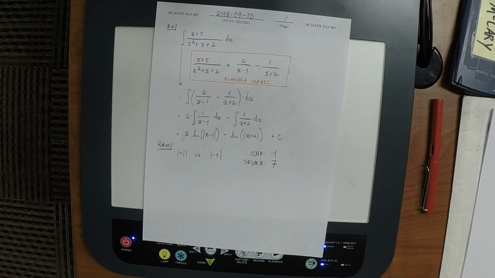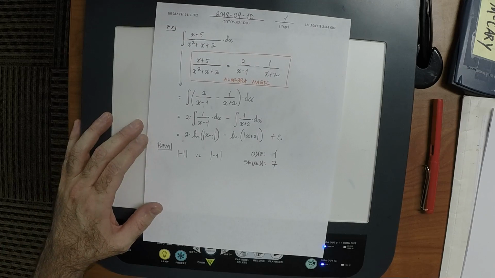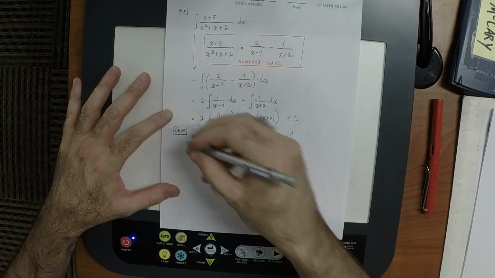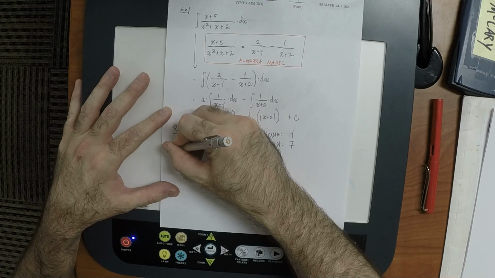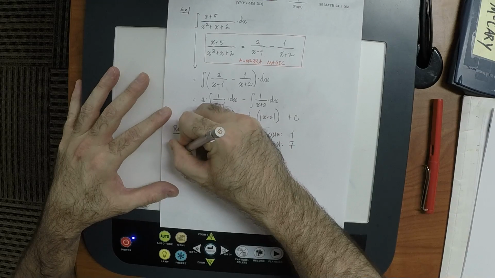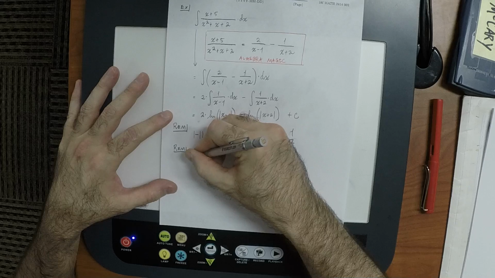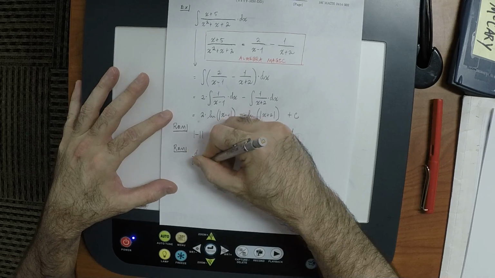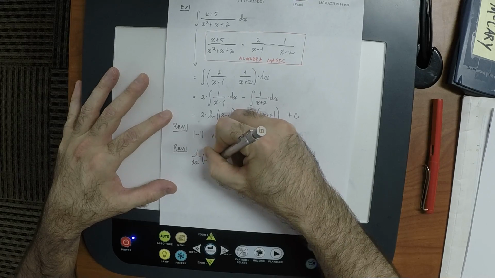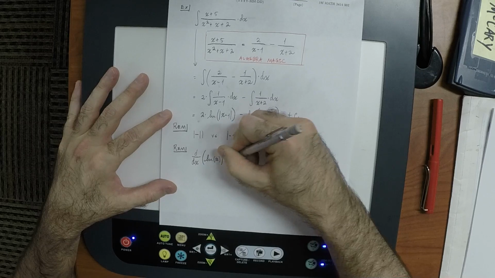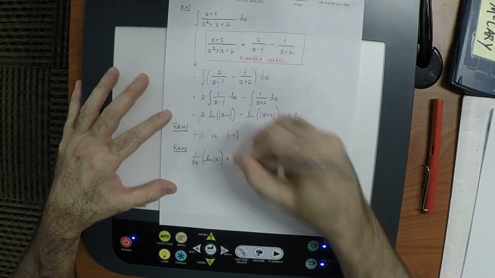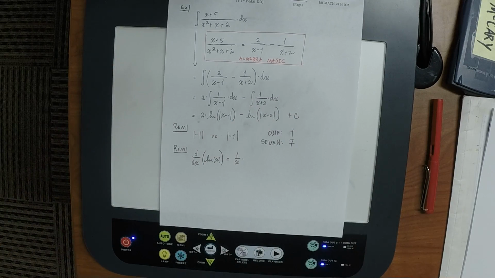Other questions? Okay. Now, listening to y'all and asking about this. So here's a thing. In differential calculus, you learn the following: that the derivative of the logarithm of x is 1 over x. Okay. So you learn that.